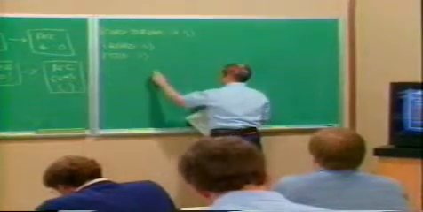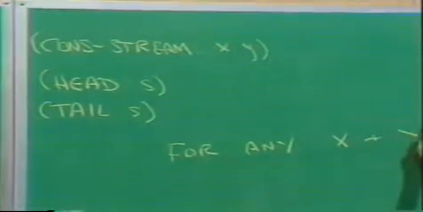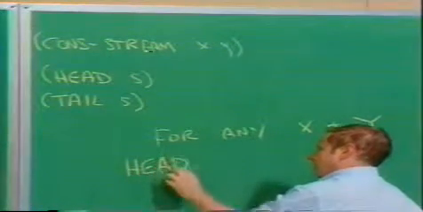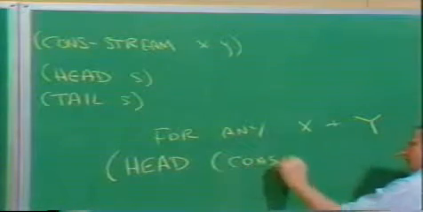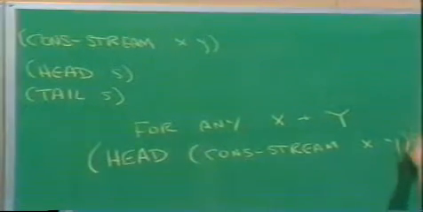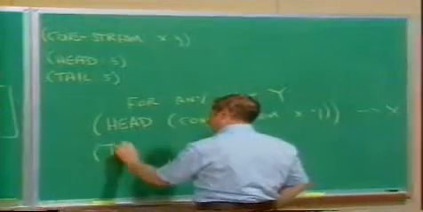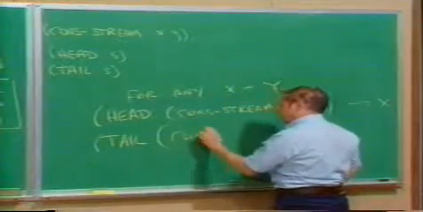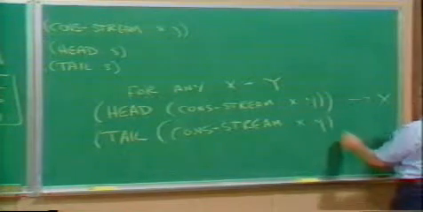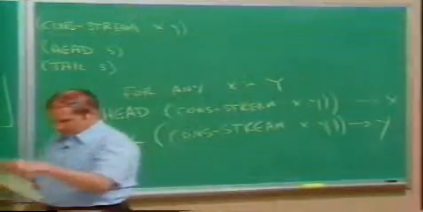It's going to be, for any x and y, if I form the cons stream and take the head of cons stream of x and y, it's going to be x, and the tail of cons stream of x and y is going to be y.